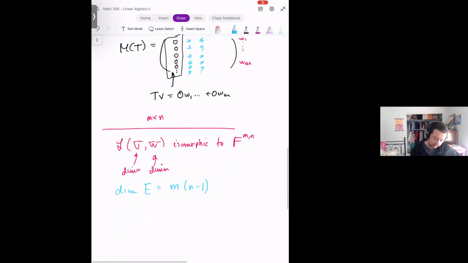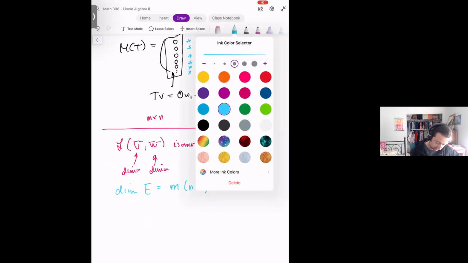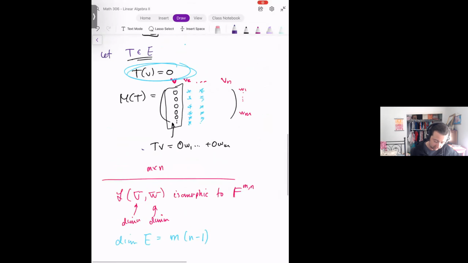I hope this isn't too confusing, but the idea is that if you take the operator T and represent it with a matrix, then the condition T of V equal to 0 means you don't get any choice for how that part of the matrix is built. But you could pull the matrix apart into a bunch of coefficients where you get to freely choose every other spot. And that means you have m times n minus 1 choices left to make, which represents the dimension of the space. Does that make sense?